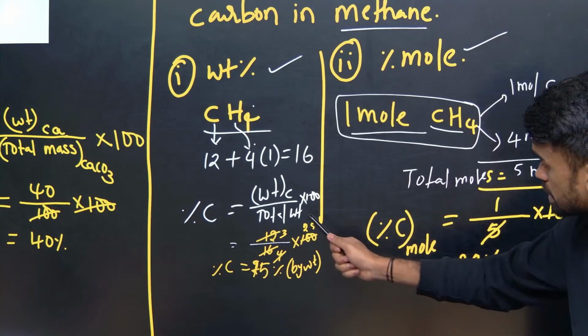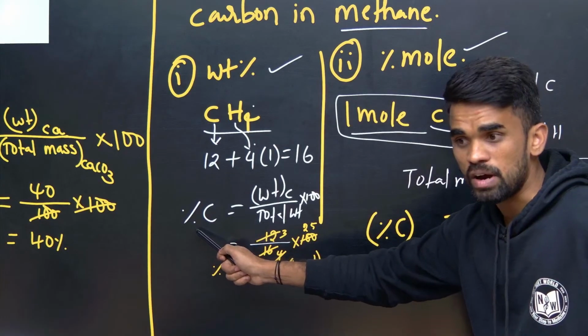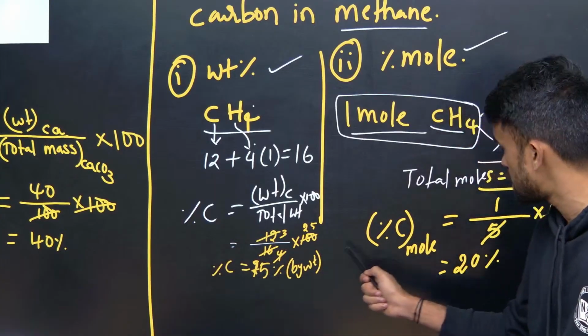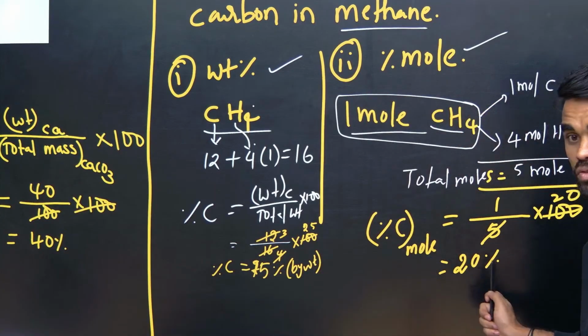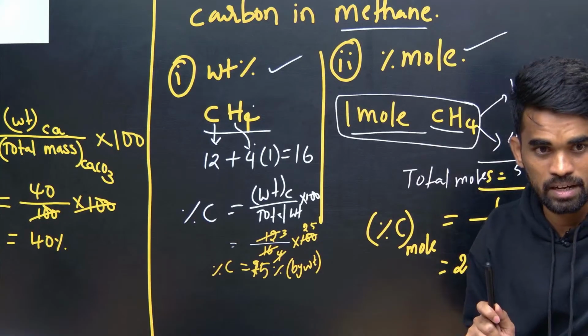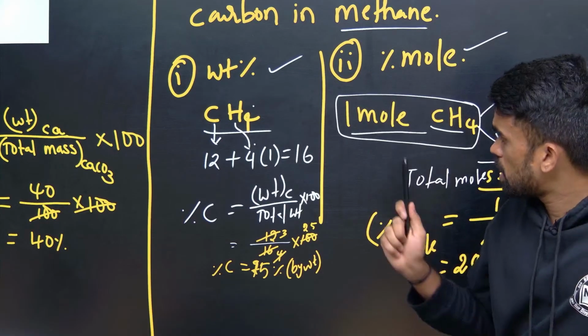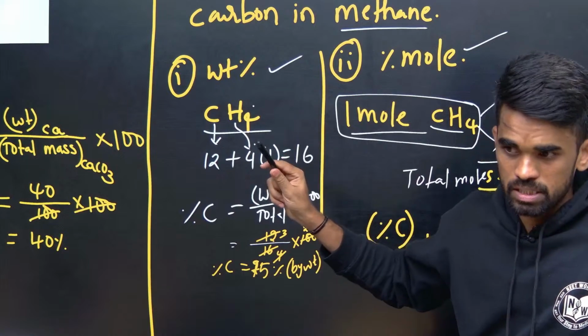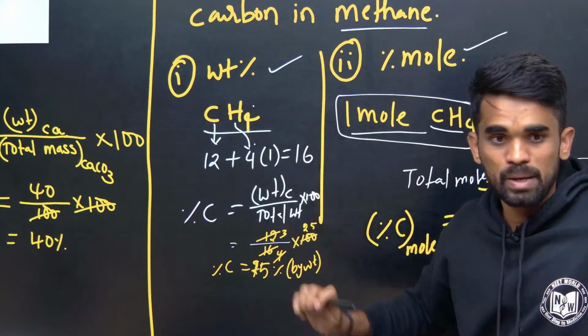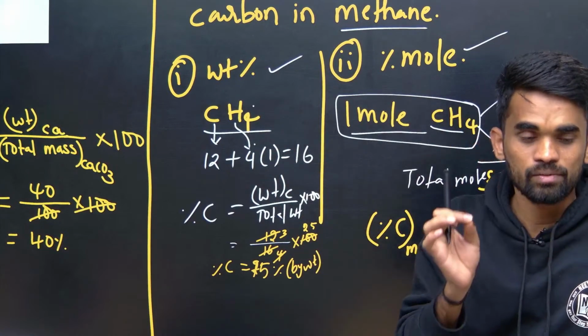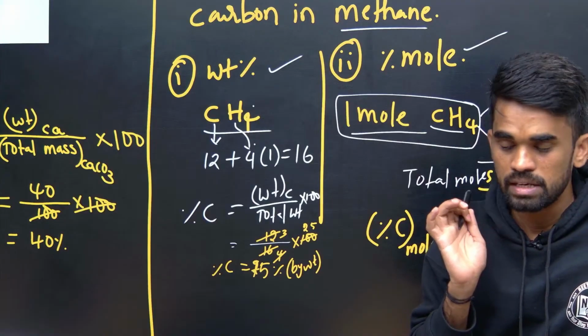See, the answer is different. Percentage of carbon by weight is 75%, percentage of carbon by mole is 20%. Both answers are different. In the exam, the examiner may include both options, so you should be very clear what they are asking exactly. Is that clear or not?